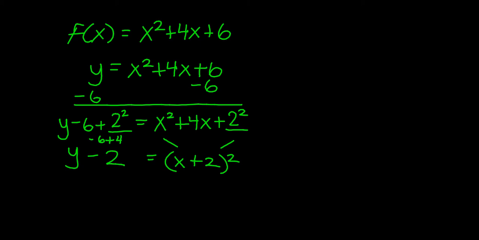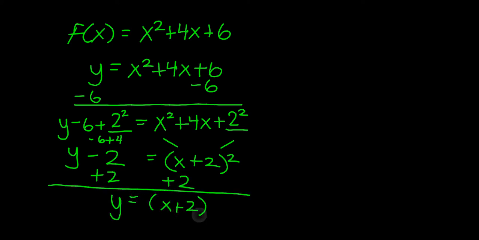And now, this is a step that previously we would have kind of done like our root, and we would have solved for the roots. But we're not trying to solve for the roots in this question. We're trying to rewrite our equation. So we're going to just go ahead and add the 2 back over right now, and we end up with y equals x plus 2 squared plus 2.